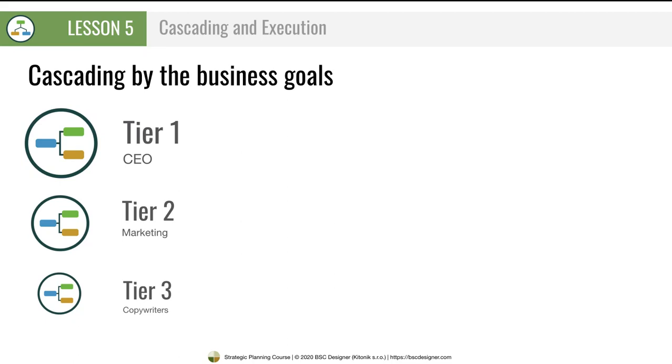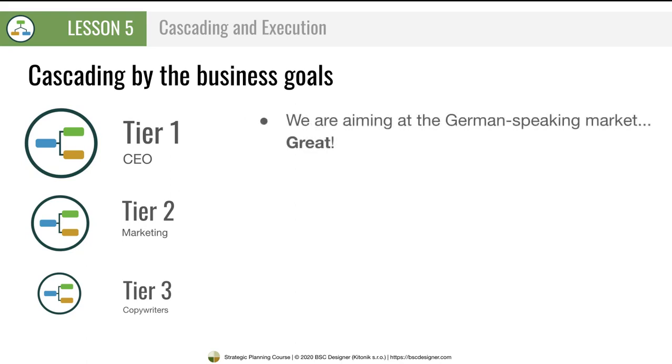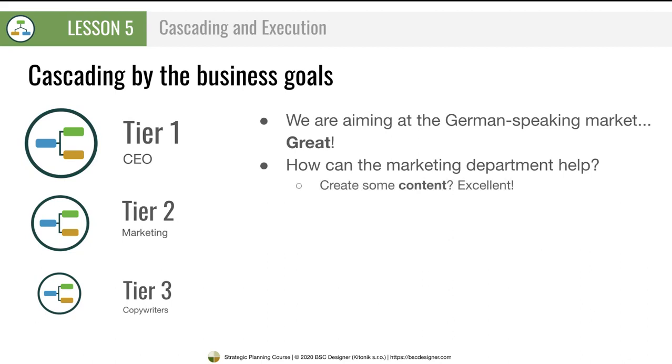What's the difference between the first approach with cascading by business goals and the second approach with cascading by KPIs? The first approach implied some discussion. We are aiming at the German-speaking market. Great. How can the marketing department help? Create some content. Excellent. How to create a good content? Research the best practices and establish standards.